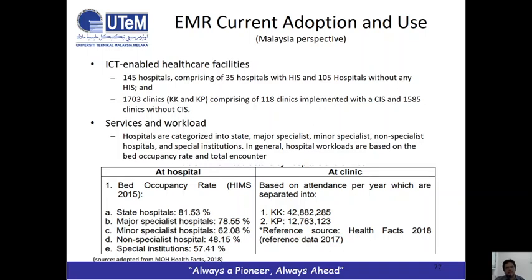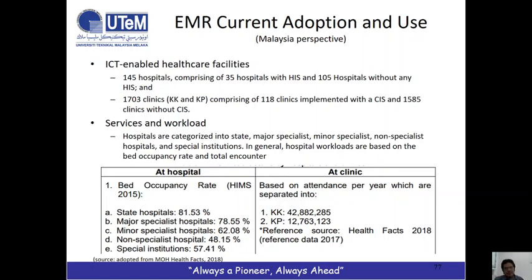So they don't have a computer system. So only 35 hospitals out of 145 in Malaysia implement HIS. So you see that there is a very long gap with the developed countries. So we still struggle to computerize the hospitals with HIS.